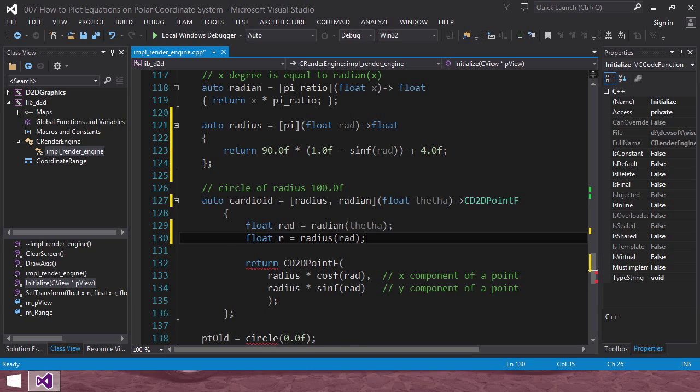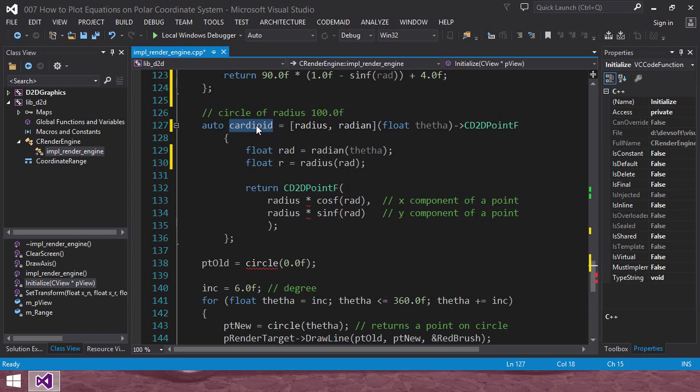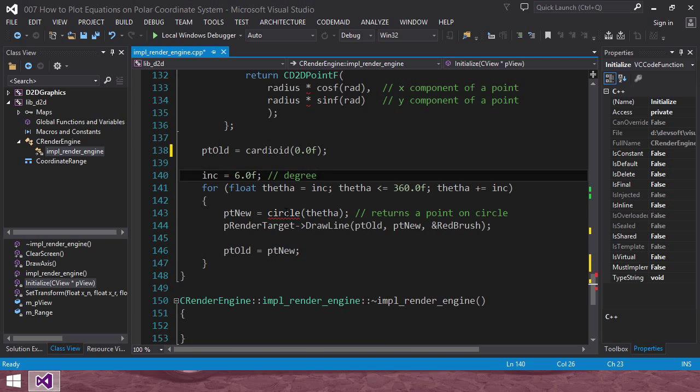See, this is a function now, not just a variable. It is now a lambda function, and we have to compute the same way as before. This is the only line changed in this function. Instead of what we put before, we just put lambda variables here, and we have to change it to cardioid, and everything seems to be done, and we also have to change it.